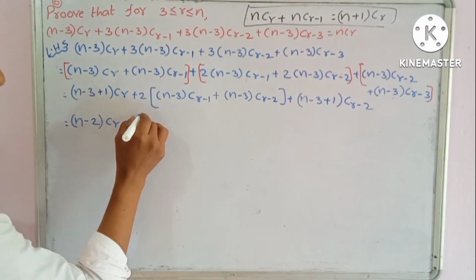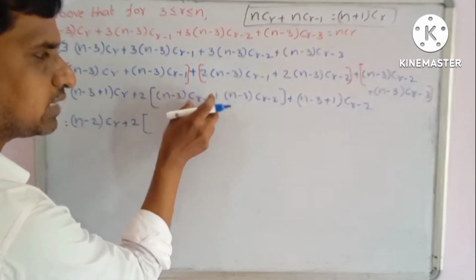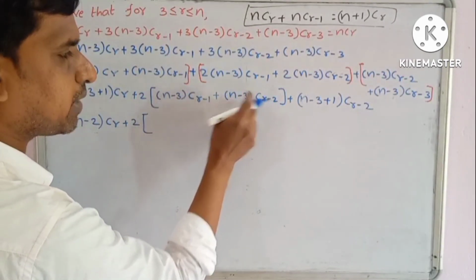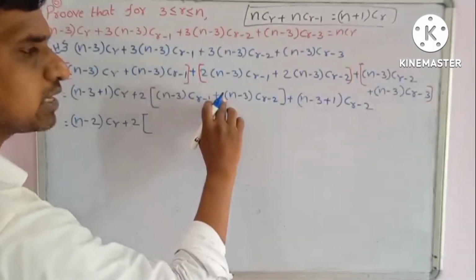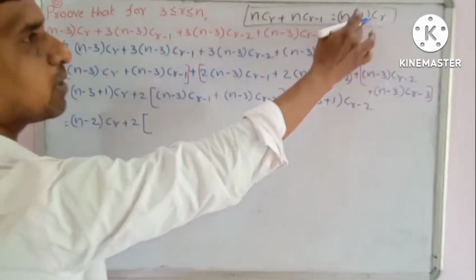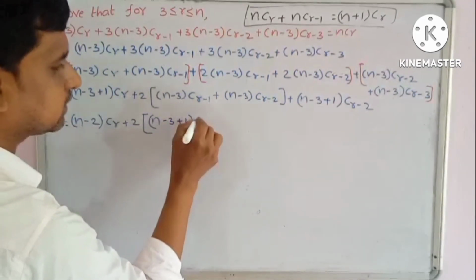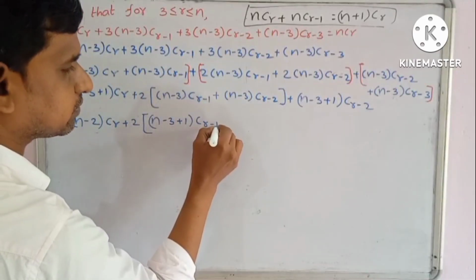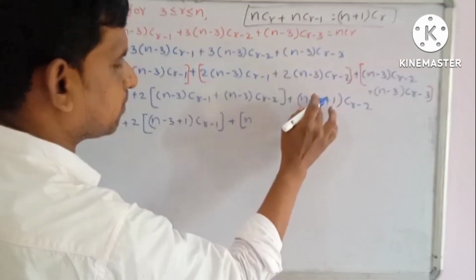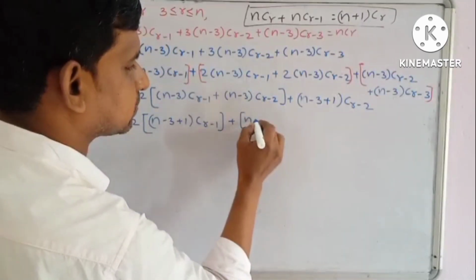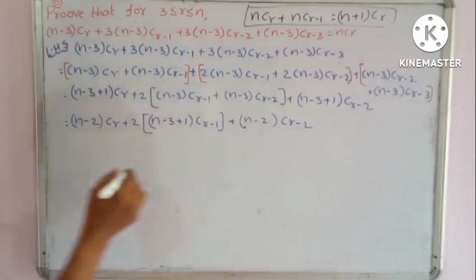(n minus 2)Cr plus 2 into, this is nCr plus nC(r minus 1), so r minus 1 minus 1 is r minus 2. So nCr plus nC(r minus 1), what is the formula? (n plus 1)Cr. Here r is r minus 1, plus n minus 3 plus 1 is minus 2, C(r minus 1).